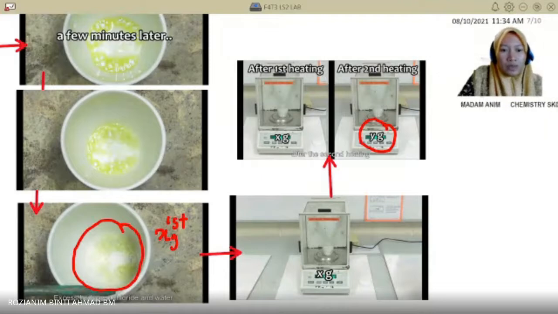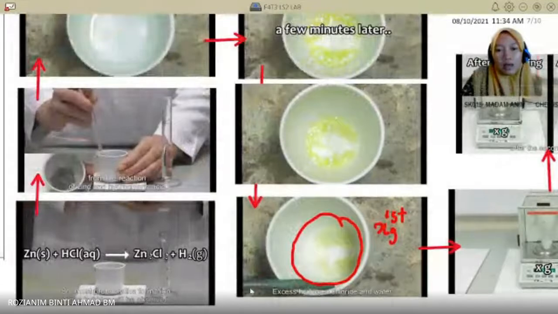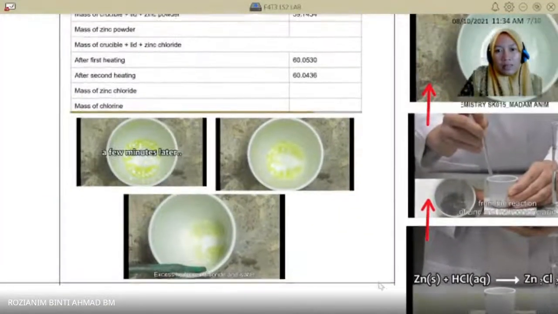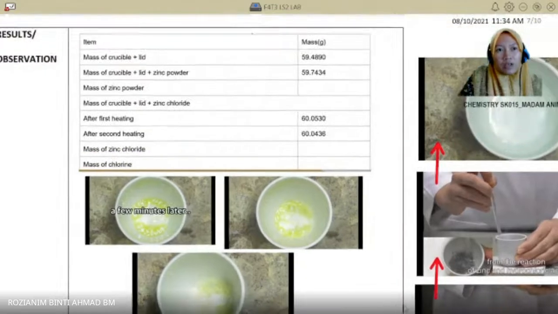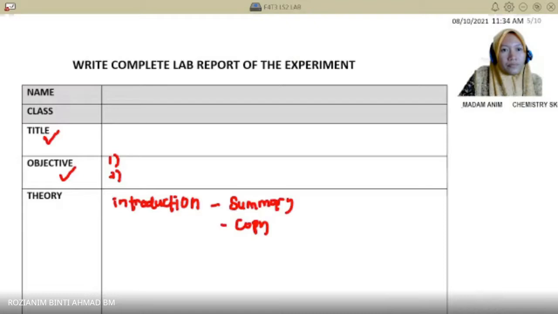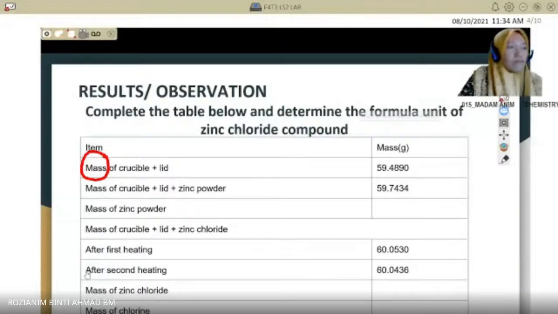Okay, so dekat bahagian table result, okay, construct the table. Okay, I want you copy this table, okay, into the area of table result. Clear? Tak saya buka kat bahagian yang besar sikit. Okay, for this.